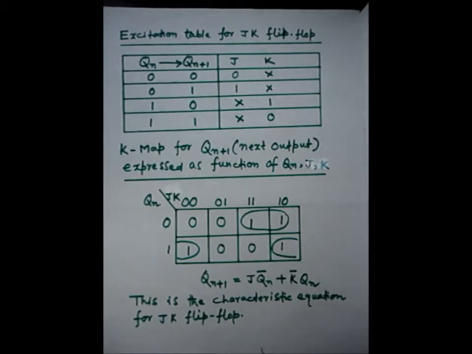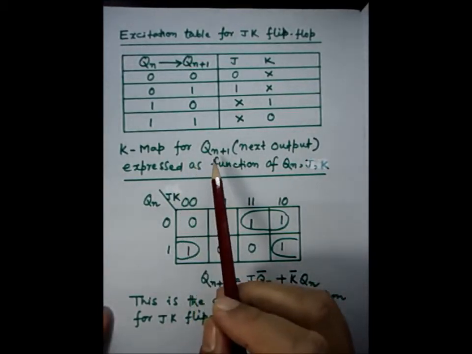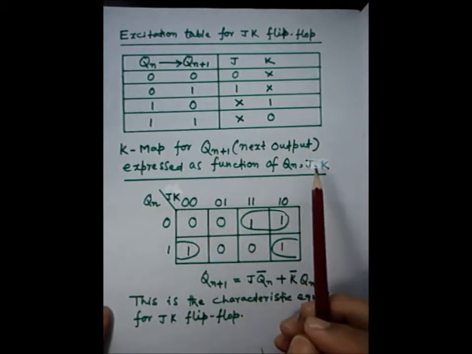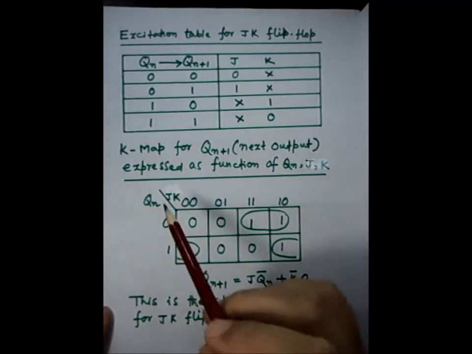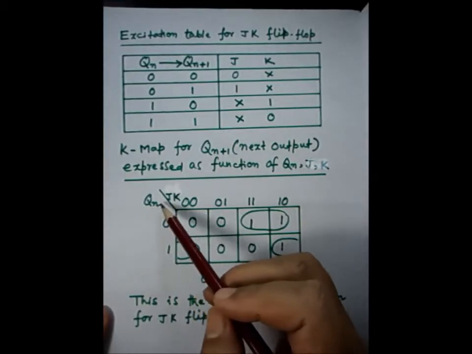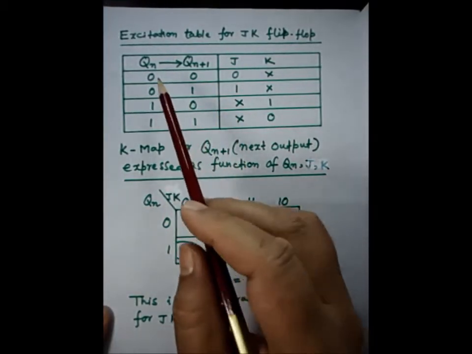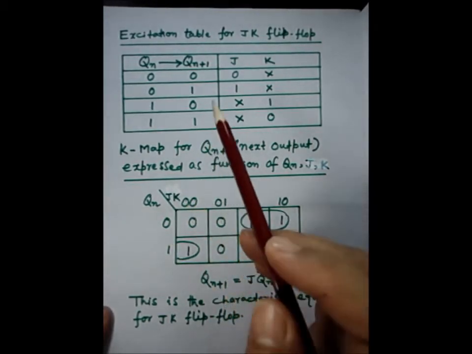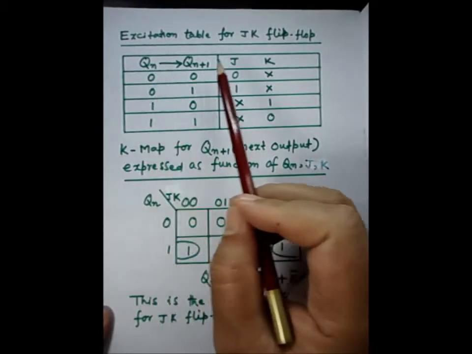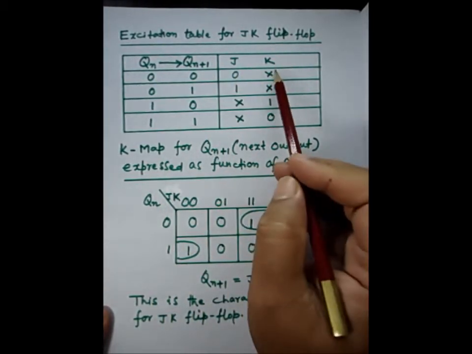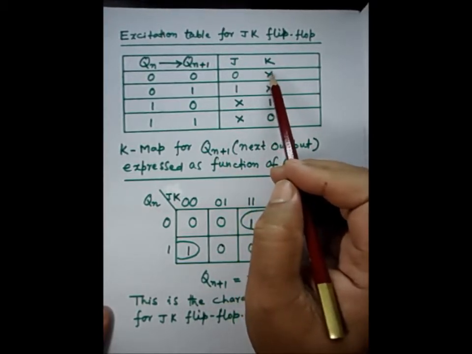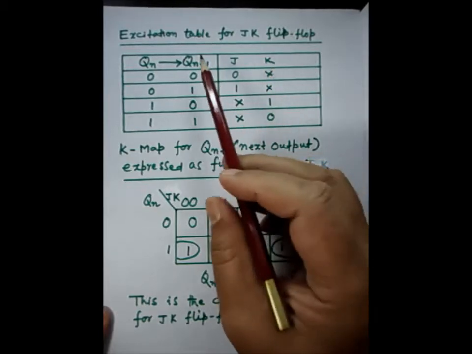We have to simplify Qn plus 1 with the help of a K-map, and express Qn plus 1 as a function of Qn, J and K. Here we have plotted the K-map with Qn, J, K. I told you that x indicates both 0 and 1, therefore it should include both.